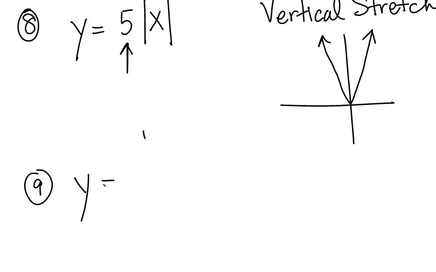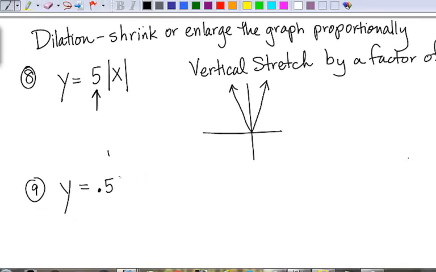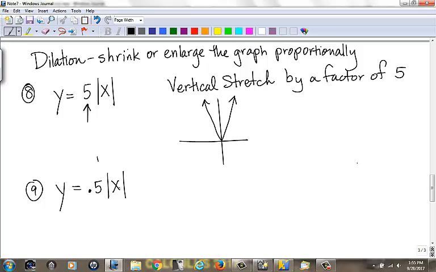Okay, now let's put in a fraction. All I'm going to do is make it 0.5, so that means the fraction's 1/2. So on y sub 2, insert a decimal point in front of that. Okay, so here's the original. If it's a fraction, it did a vertical shrink.